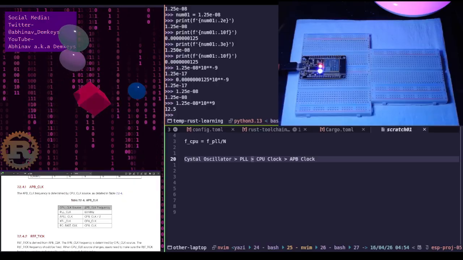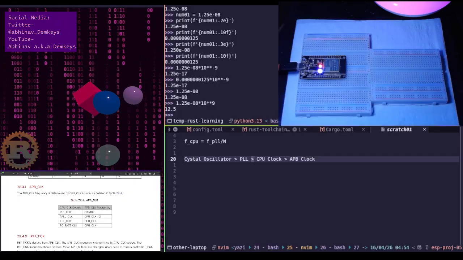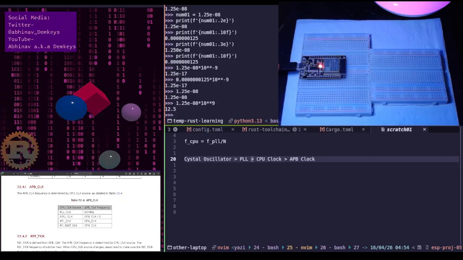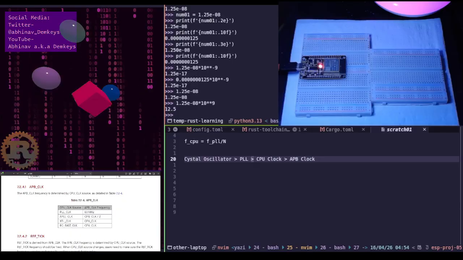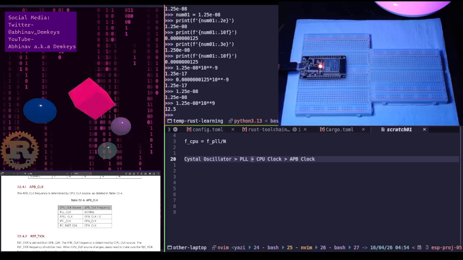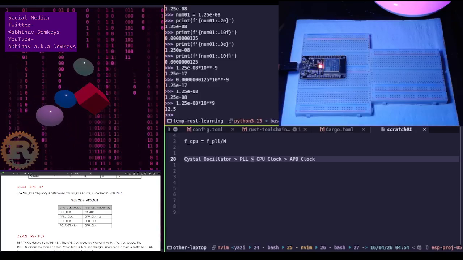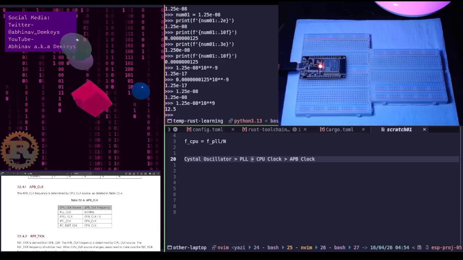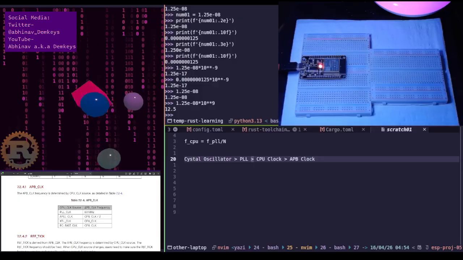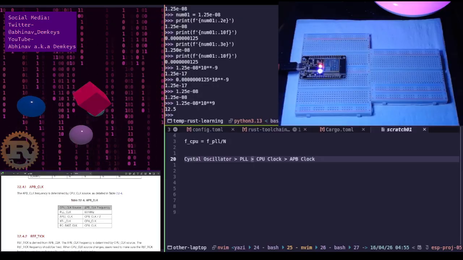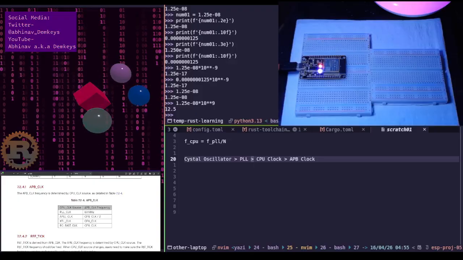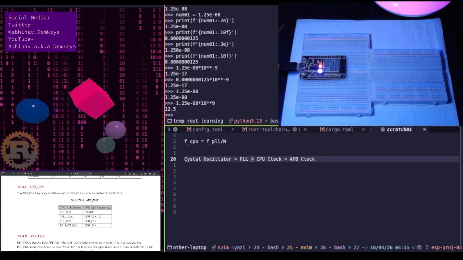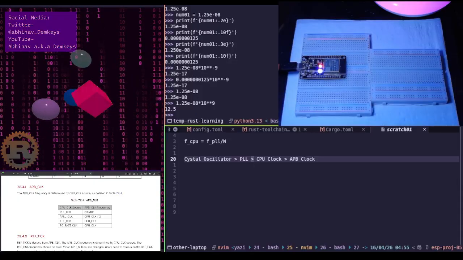You've got a sharp eye for the details, and you've got a nuanced simplification that often trips up people when they read the technical reference manual versus looking at a conceptual diagram. The short answer, technically, the APB clock is derived from the CPU clock.